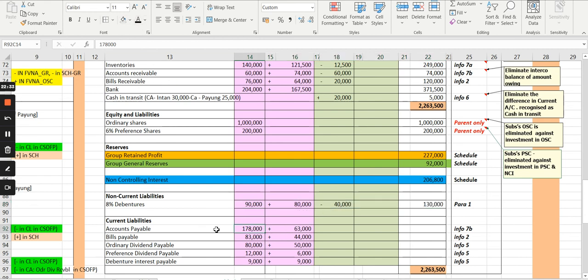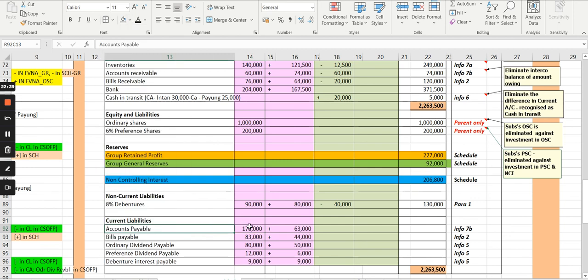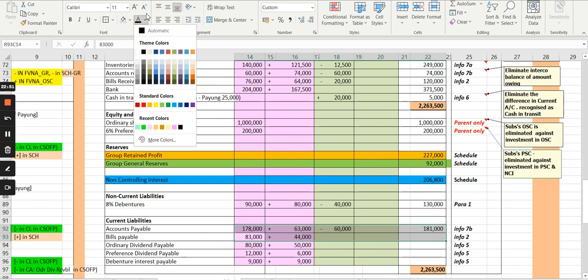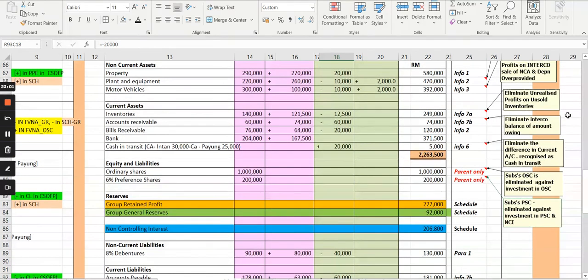Accounts payable as well, combine and eliminate the intercompany amount owing. Ordinary dividend payable, combine, bills payable, combine them, then eliminate the undiscounted bills. Undiscounted bills were being eliminated.